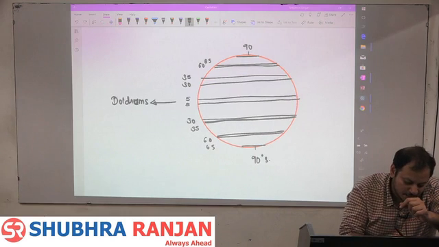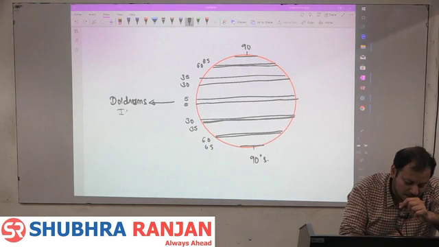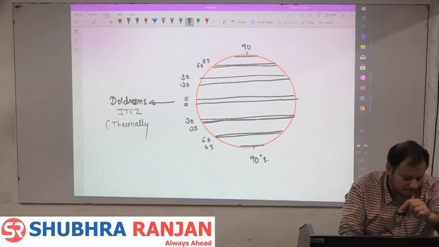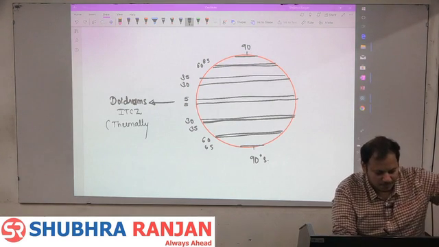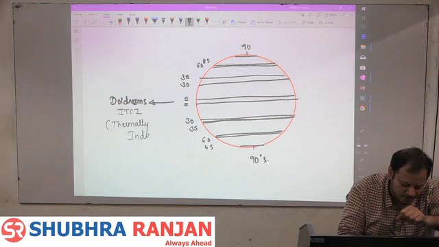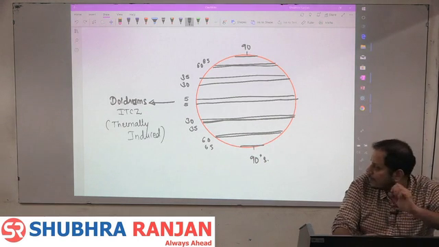This equatorial low pressure belt is also known as ITCZ. It is an example of thermally induced pressure belt.